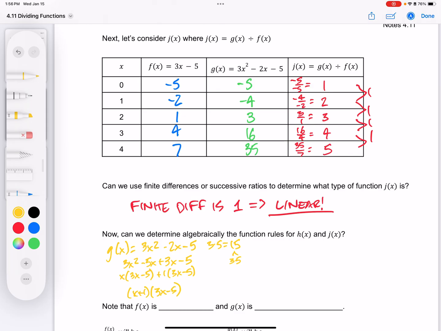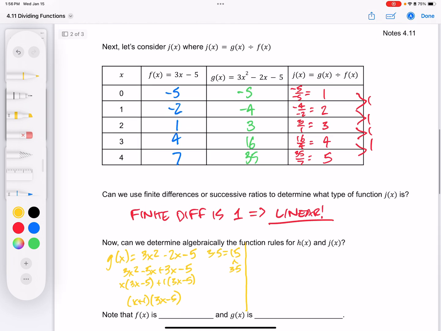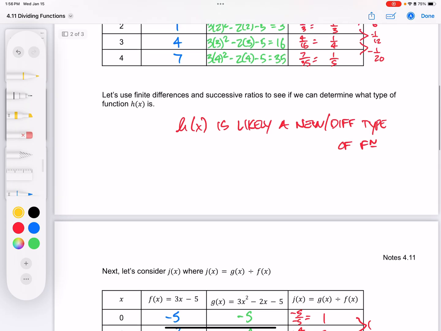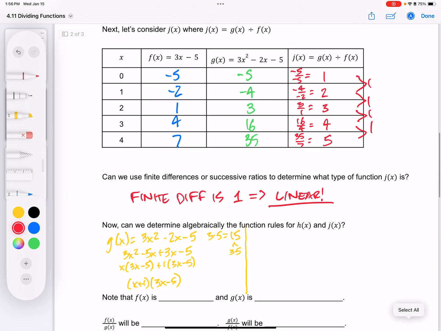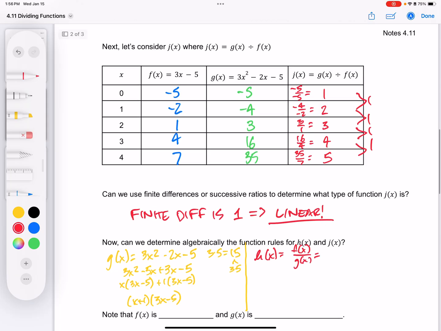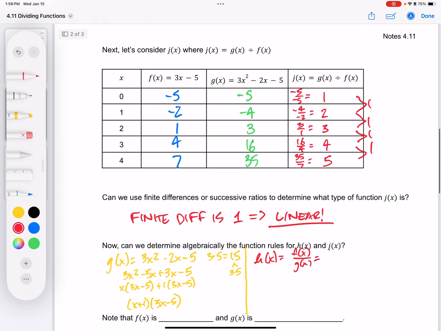So let's determine algebraically the function rule for h of x. H of x equals f of x divided by g of x. F of x was this one, 3x minus 5.